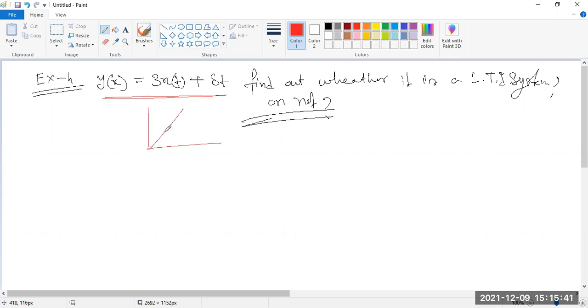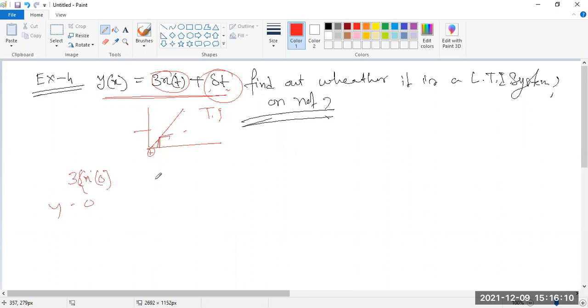But it is not time invariant, because if I put 3x where x is 0, then y should also be 0, but this delta t, this impulse function is there.